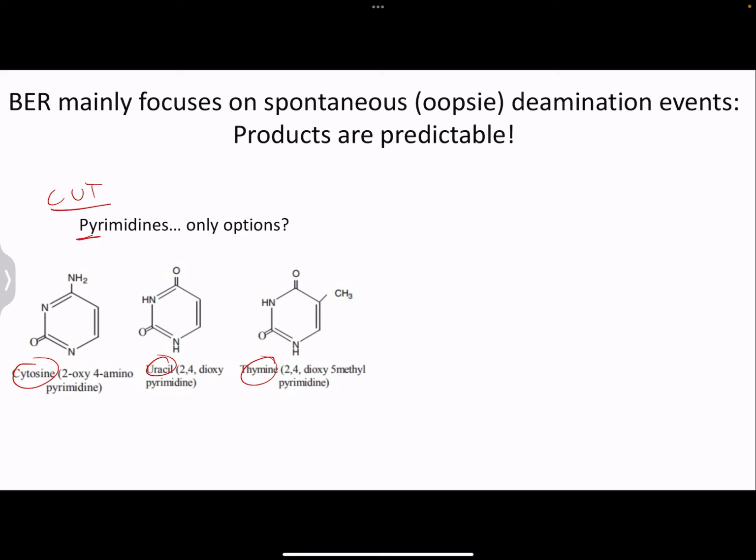Who's the only one here with an NH2 group? It's cytosine. If I take this off, what does it turn into? It turns into uracil. Okay. So would it make any sense for cytosine to become guanine, or cytosine to become adenine? No, those are purines. And it wouldn't make sense for it to become thymine because it doesn't have the methyl group. Who does have the methyl group is 5-methylcytosine. This is 5-methylcytosine. So when this is deaminated, it turns right into that. So that's how you can remember the deamination of the pyrimidines.